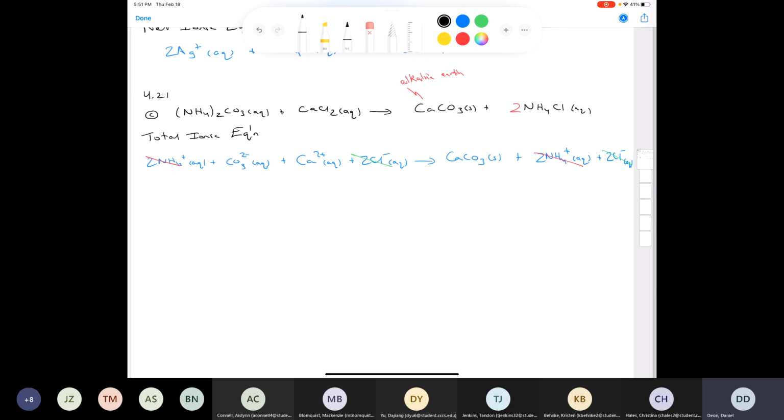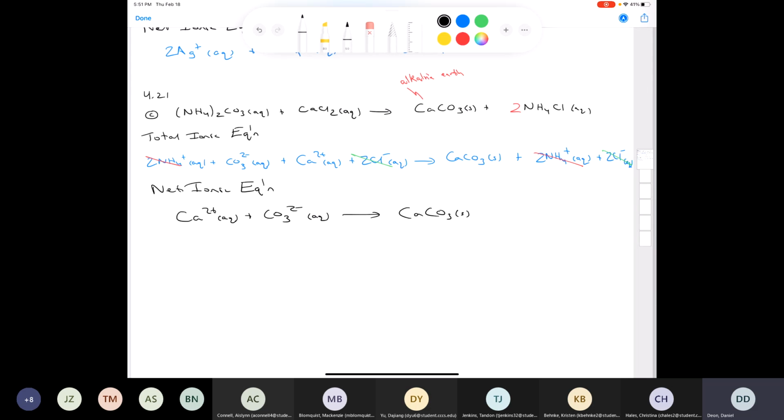And we're left over with our net ionic equation, which is going to be calcium 2 plus aqueous plus the carbonate ion aqueous produces calcium carbonate, which is a solid. There we go. Let's move on.